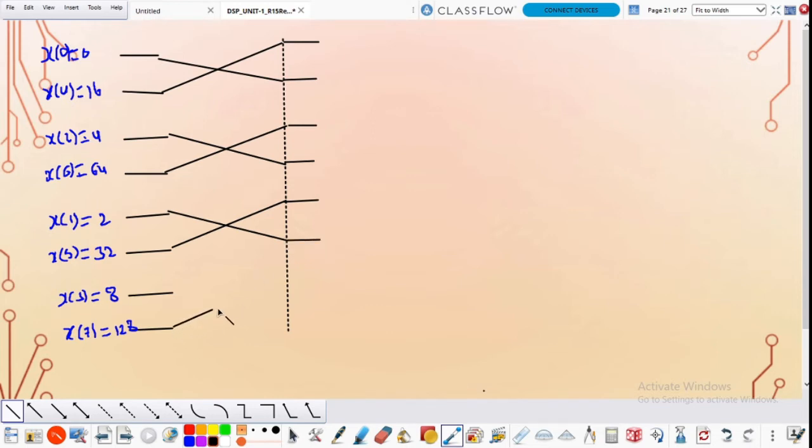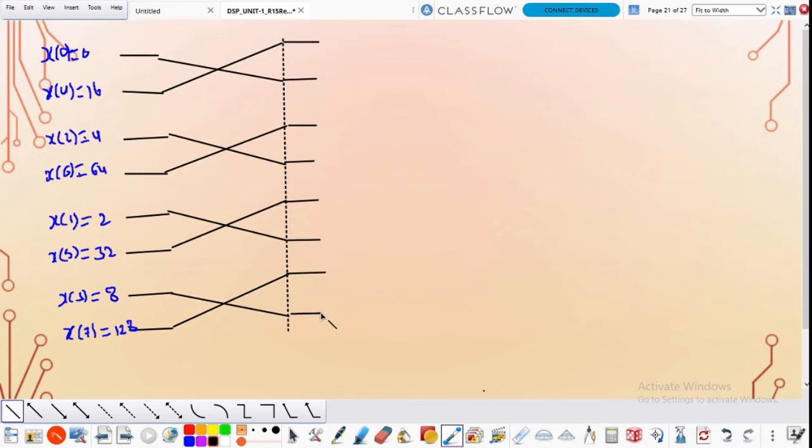And here also the down sample is drawn by upward direction, and the up sample is drawn by downward direction.